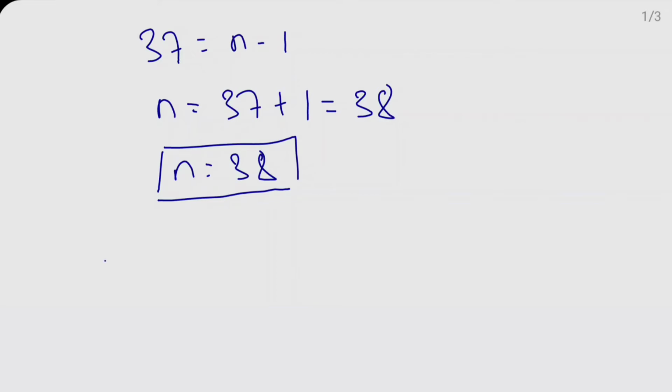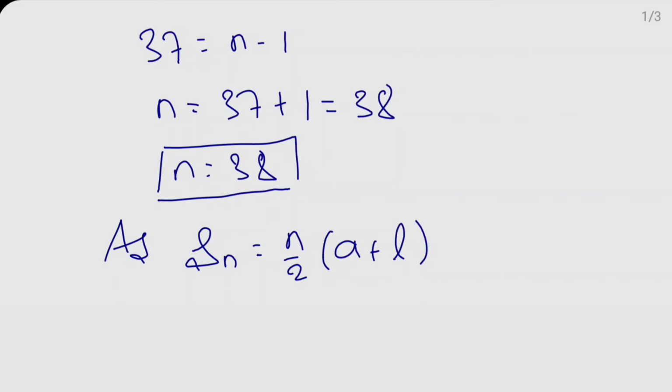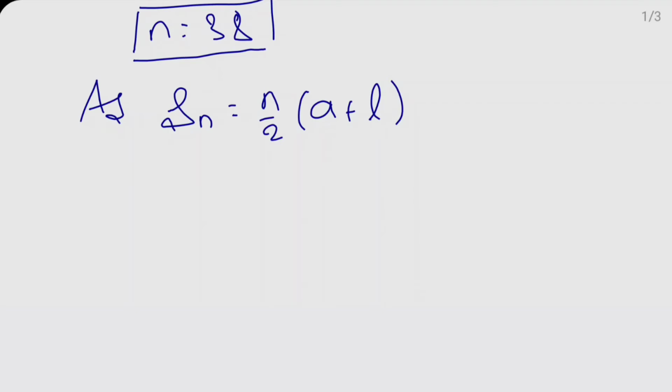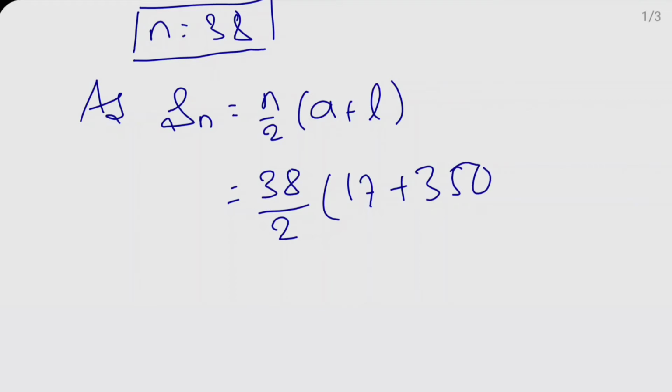As we know, Sn equals n by 2 into (a plus L), right? So now substitute the values: n is 38 divided by 2, and a, the first term, is 17 plus L is 350.